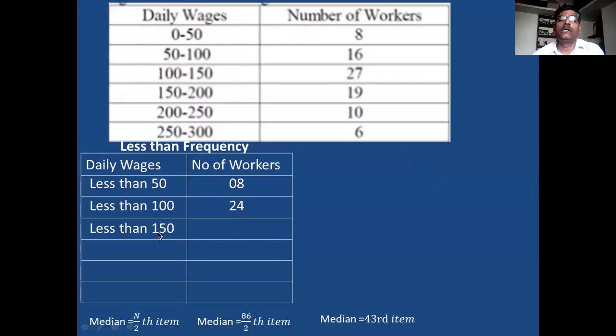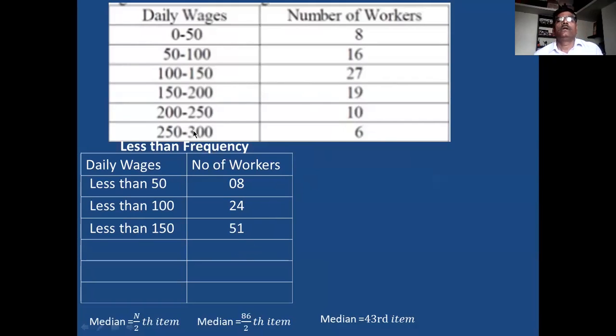And what is the earning less than 150? 150 earning means up to this. 8 workers, 16 workers and 27 workers are earning less than 150. Therefore, the total of the 3 is equal to 51.